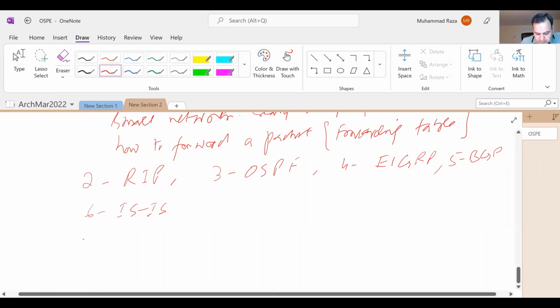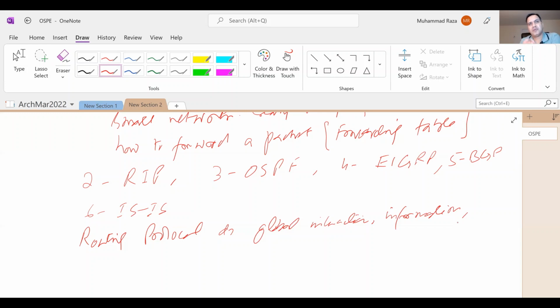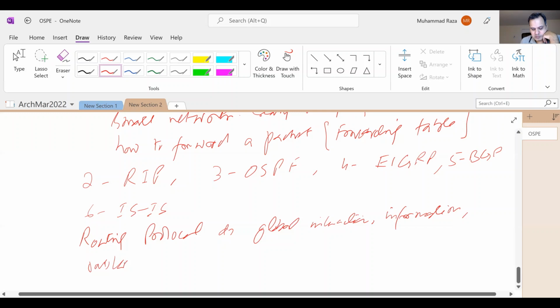Any routing mechanism does the global interaction and collects information to help a router make decisions based on IP addresses about where to forward, so that routers can do their job. What job? I already explained what the job is.